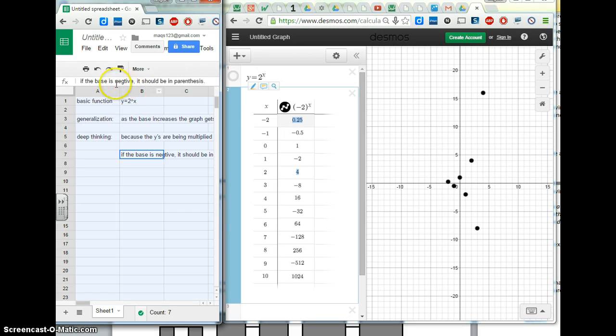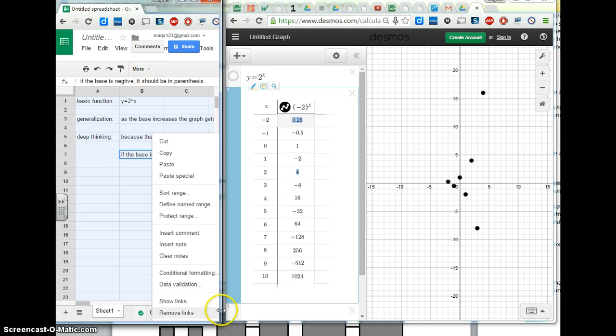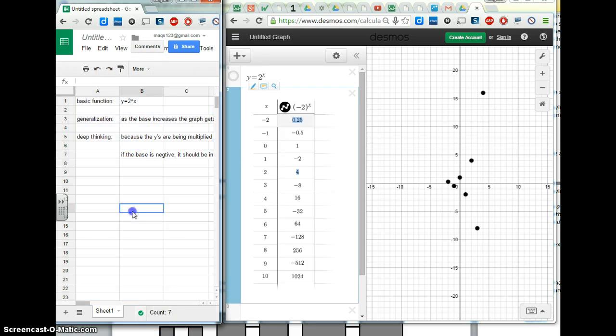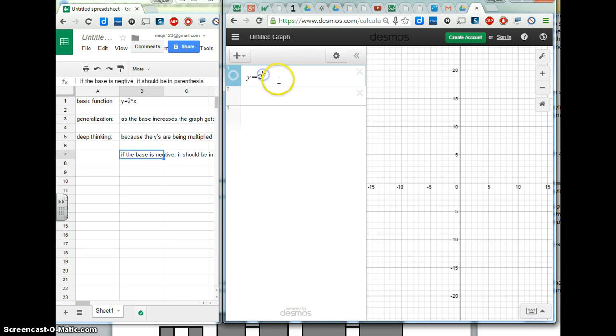Let me make the font a little bigger so you can see it clearly. All right, sorry. I'm going to wrap this up with decimals, okay, so you can see that. So here's our base function, and let's put a decimal in the 2. Instead of making it bigger, let's make it 1.2 to the x.